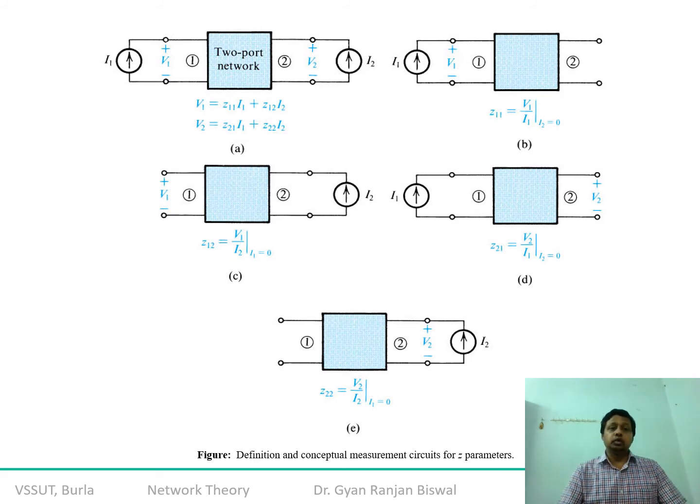With I2 equal to 0, if you refer to equation number 2, the bottommost equation, we can also calculate one more thing, that is Z21. And what is Z21? That is the ratio of V2 by I1, as you can see in figure D.